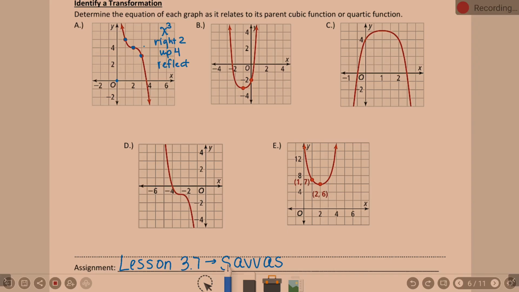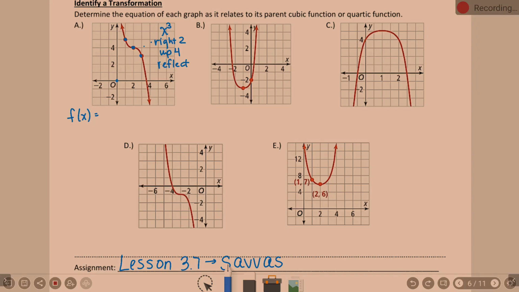So let's write an equation. I am going to start with f of x equals. I'm not against you starting with y equals. I will say Savas will probably already have it set up for you, so you won't have to put that part. Okay, let's start with how do we express right 2?